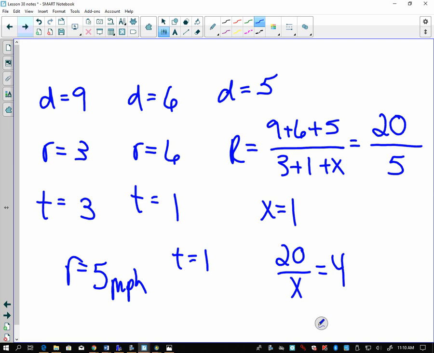Well, we knew that had to be 5. We've already got 4 of them spoken for, so my time has to be 1 hour for this distance. So that rate equals 5 over 1. So rate is 5 miles per hour. Does that make more sense the second time through? Okay. All right.